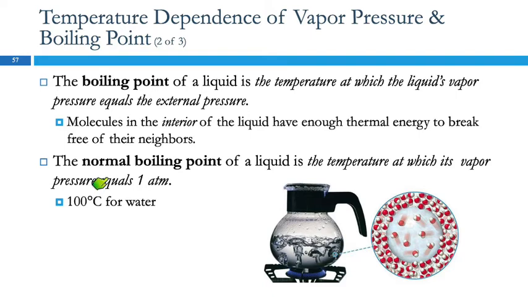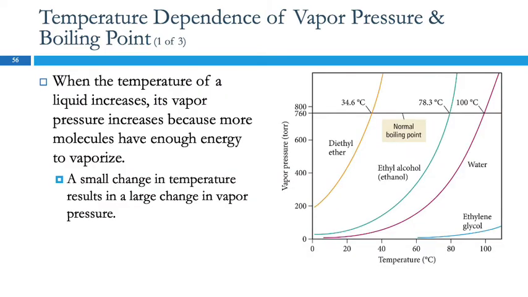So what's defined as the normal boiling point is the temperature at which its vapor pressure equals 1 atmosphere. So that would be 100 degrees for water. Let's go back to this one. So here's water. Water's vapor pressure is 760, or 1 atmosphere, when it reaches a temperature of 100 degrees.